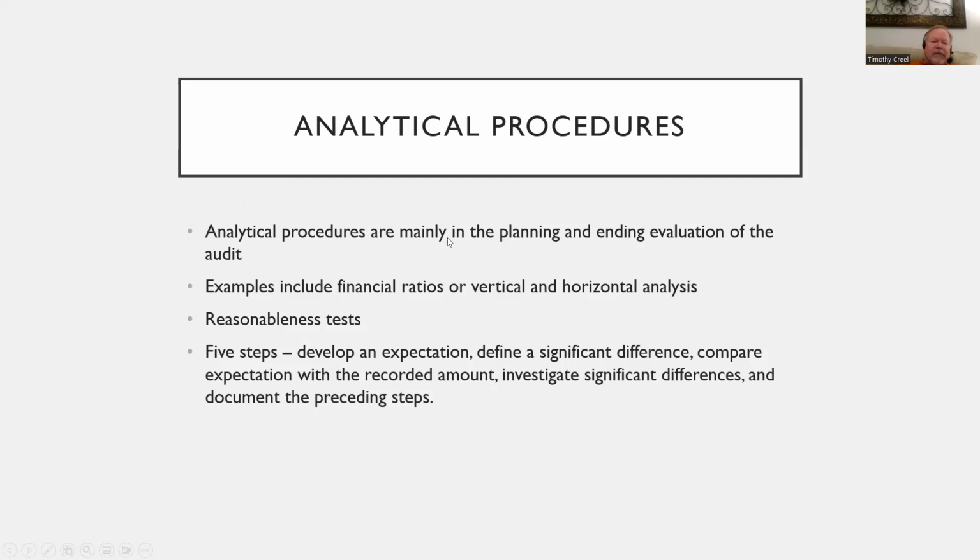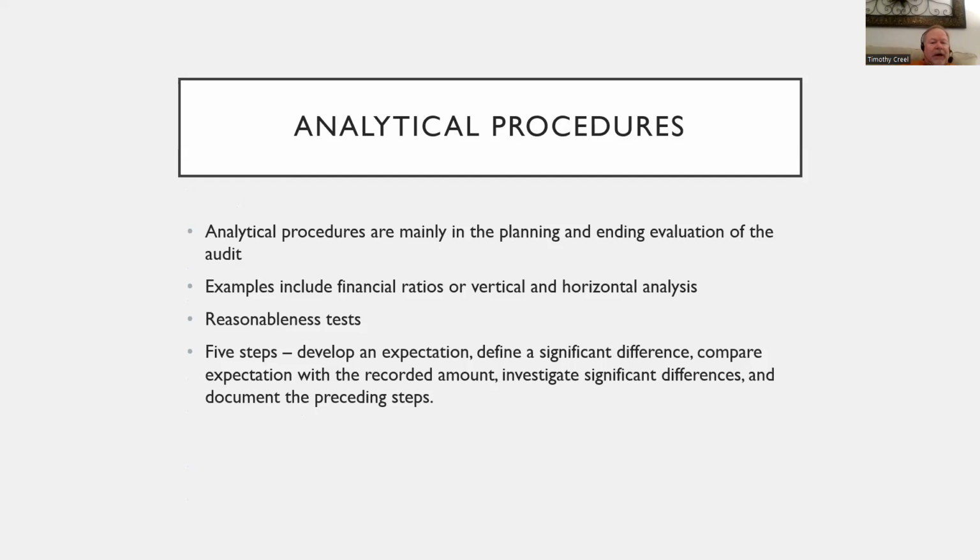Analytical procedures, and we talked about this a little bit in chapter 3, are mainly in the planning and ending evaluation of the audit. So they're mainly in planning the audit and when the quality control partner does their end of the audit evaluation.